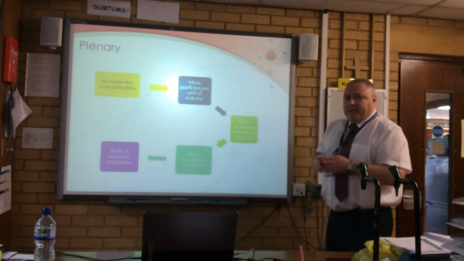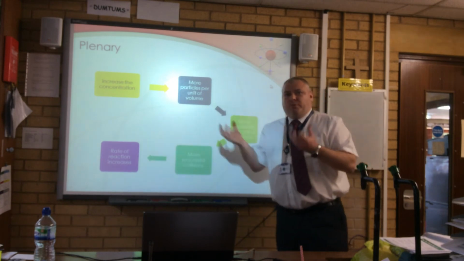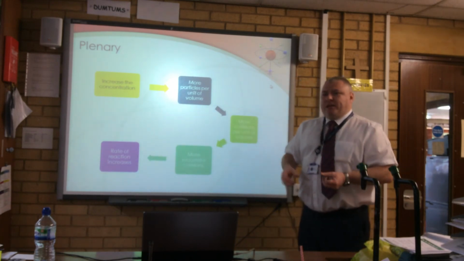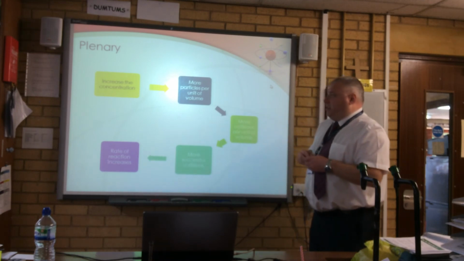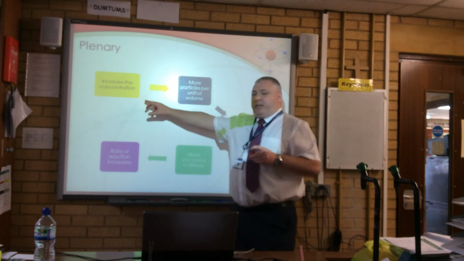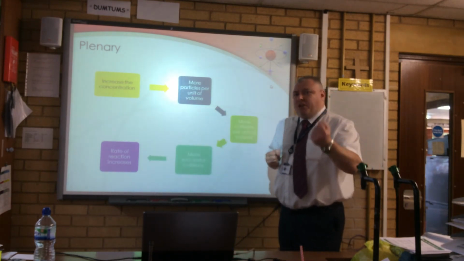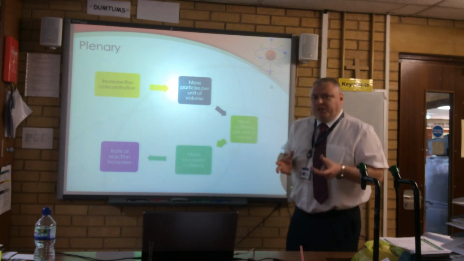So, to summarise, to bring this all together, how do we link what we've talked about in collision theory to actually explain how one of these factors increases the rate of reaction? In this example, I've gone with increasing the concentration. So if you increase the concentration of something, you put more particles in per unit volume.